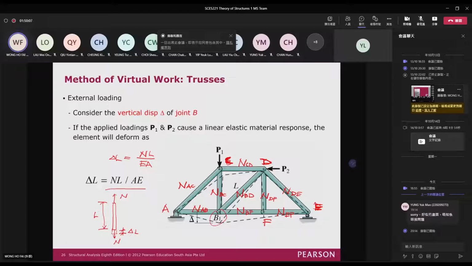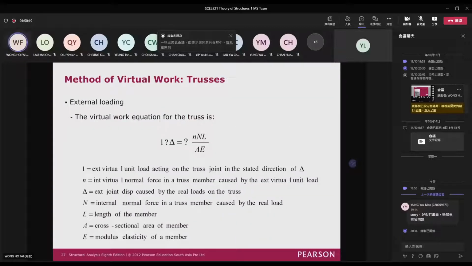So with the member force determined, we can find the member deformation for each of the members, right? So for each of the members, NL over EA is the deformation.